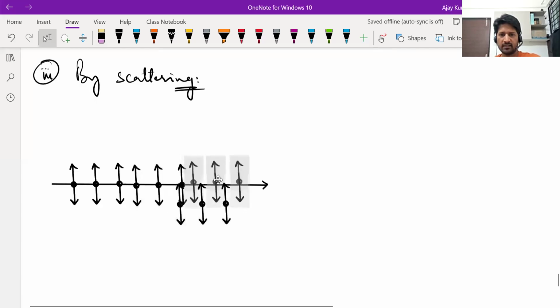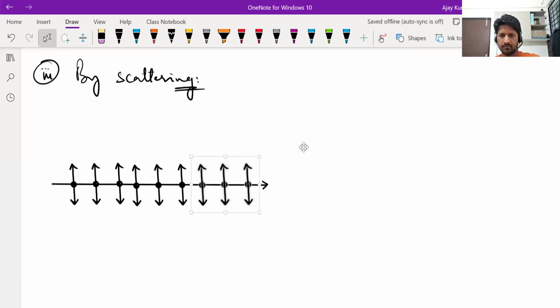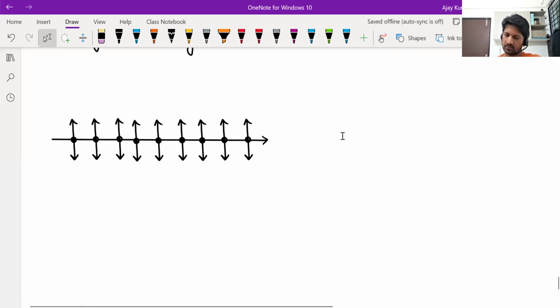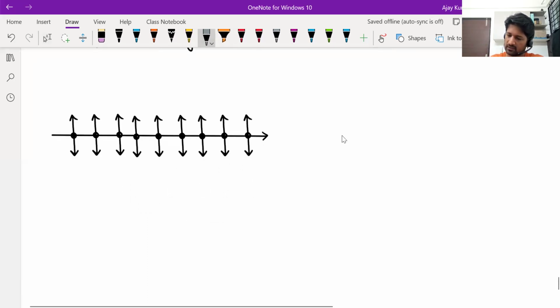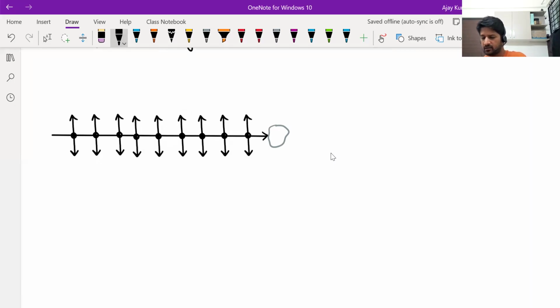Now, when sunlight hits the particles in the atmosphere, light gets scattered in different directions. So let's say this is some random particle in the atmosphere. It gets scattered in different directions. The light that is scattered by approximately 90 degrees will be polarized light. And it's in this direction, so only dots will be allowed to pass.